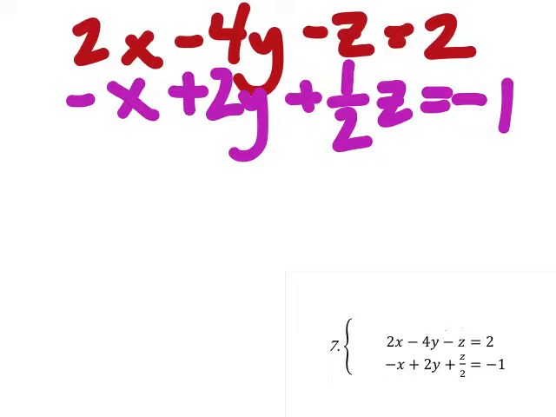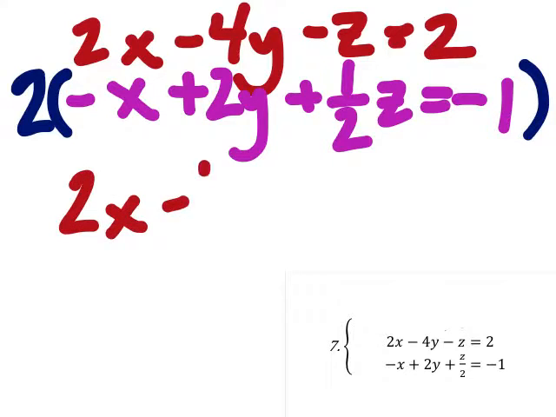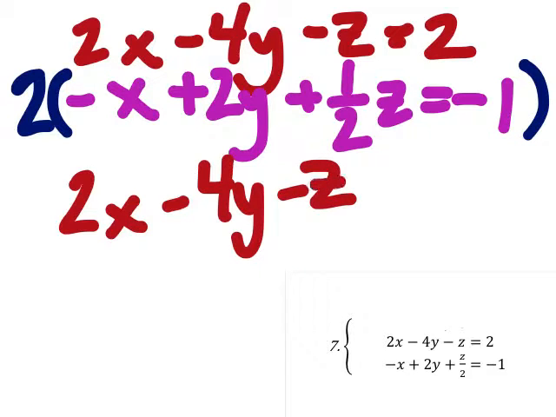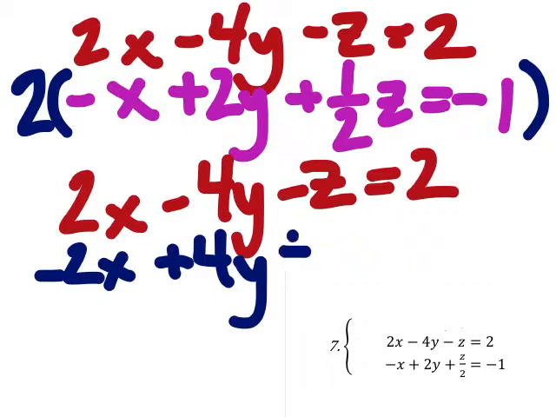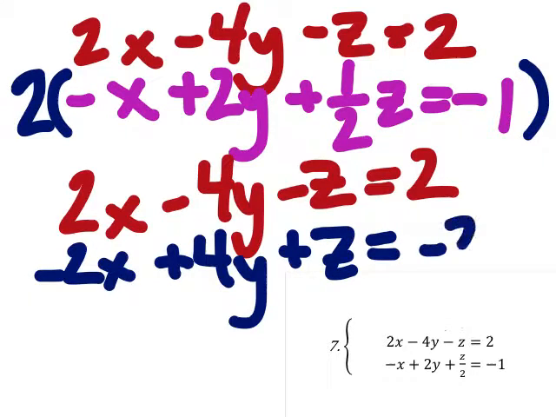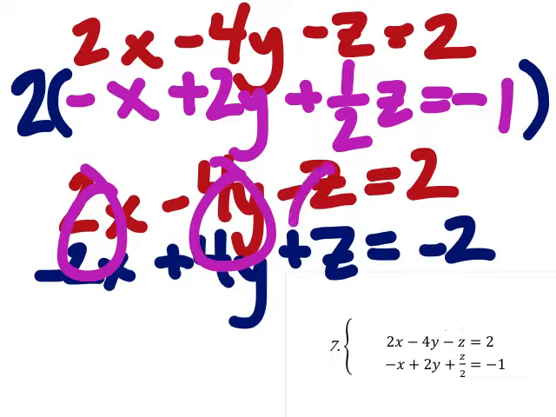So if I take that bottom equation and multiply it by 2, then I would have that top equation, 2x minus 4y minus z equals 2. That bottom equation would be negative 2x plus 4y plus z equals a negative 2. And what we notice here is that all of these are going to cancel out as soon as we add these 2 together. So as it turns out, both of these lines are the same.